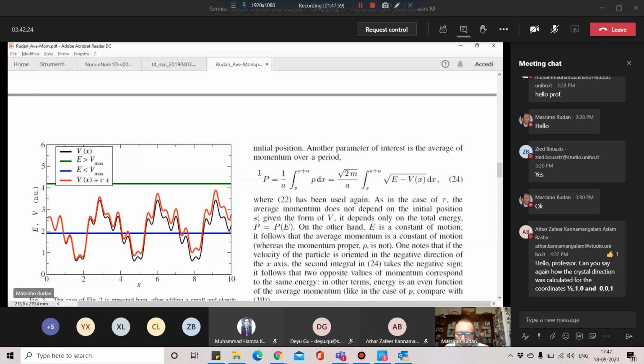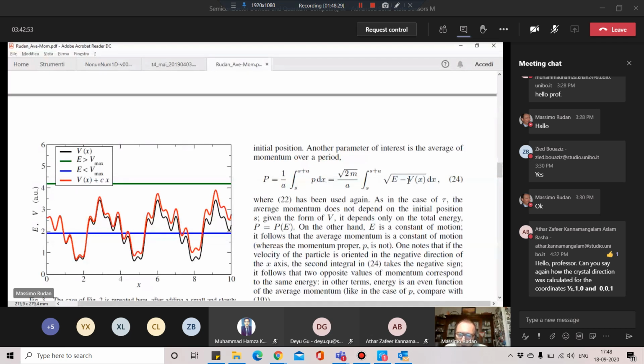Again, you see very interesting things: number one, average momentum does not depend on the initial position S of the integral, for the same reason as before, okay? But also you see that when you integrate with respect to X, you saturate X, okay?